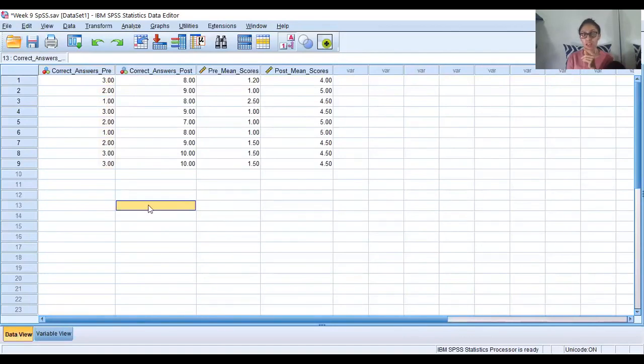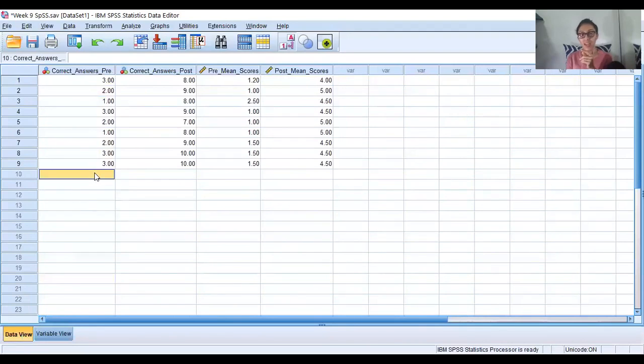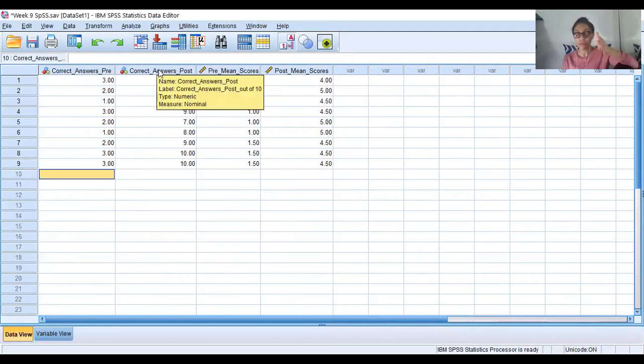This kind of sheet is in data view and this kind of sheet is in variable view. In data view you can manually type in numbers like this. If you don't know anything else, you just manually type in your numbers and you will have your 4 columns ready. But you need to label your columns, right? This is pre-intervention, this is post-intervention, stuff like that.